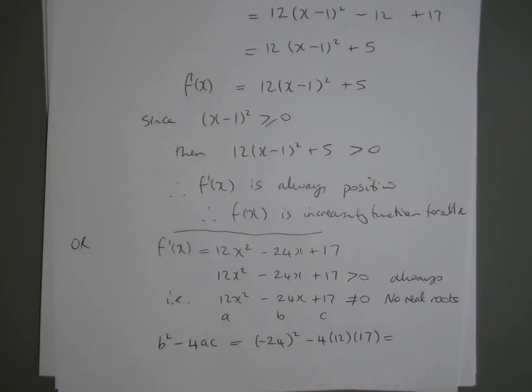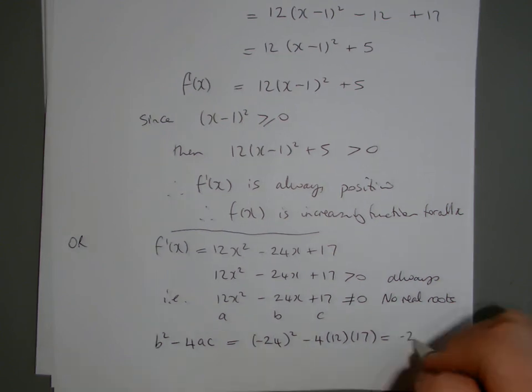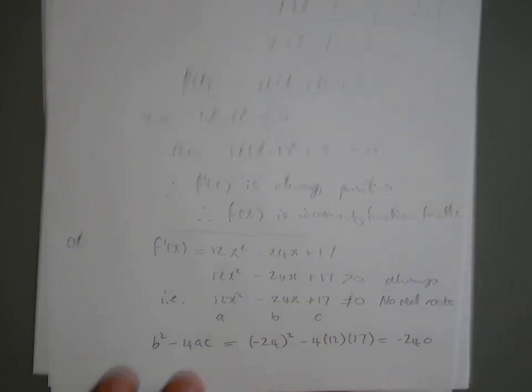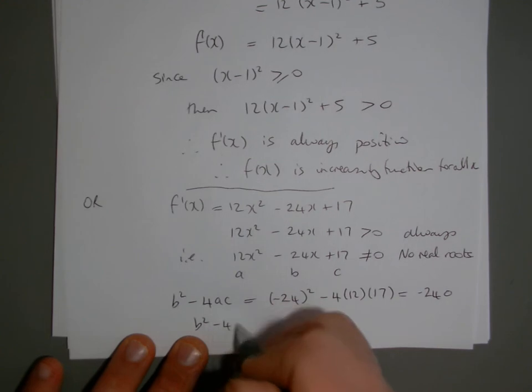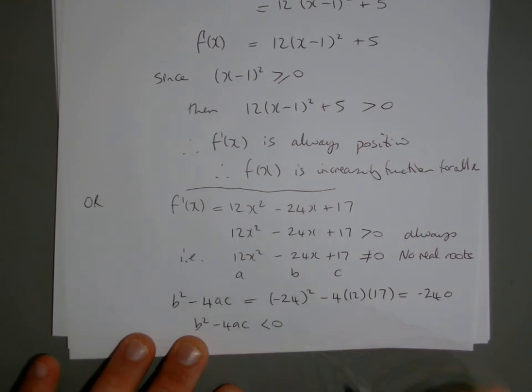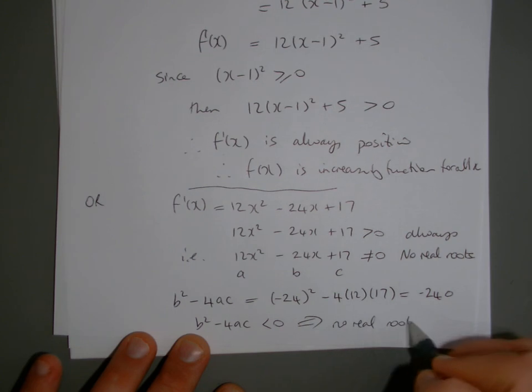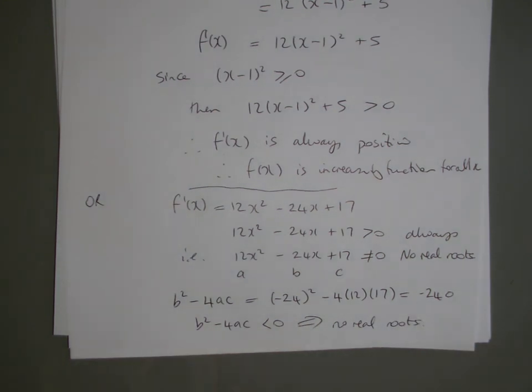So if I work that out in my calculator, I get minus 240. So in other words, when you work out the discriminant of this, it comes out to be negative, which implies no real roots. In other words, there's no situation where this is equal to 0.